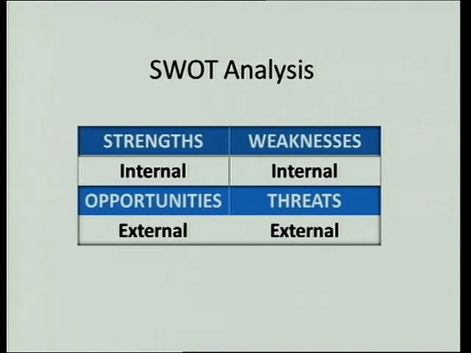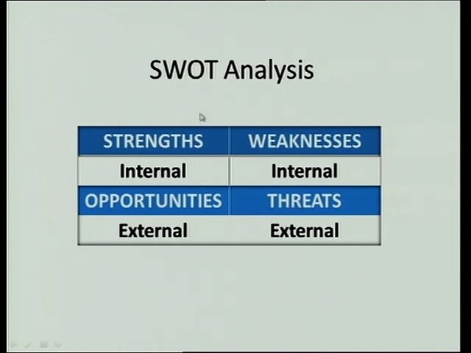Right, so in devising your strategy, the first step must be you must develop a SWOT analysis. In your SWOT analysis, now we normally do it in a table form. So you're going to have a table in which you've got your strengths on the one side, and on the opposite side we're going to have weaknesses. We're going to have our opportunities, and on the opposite side we're going to have our threats.